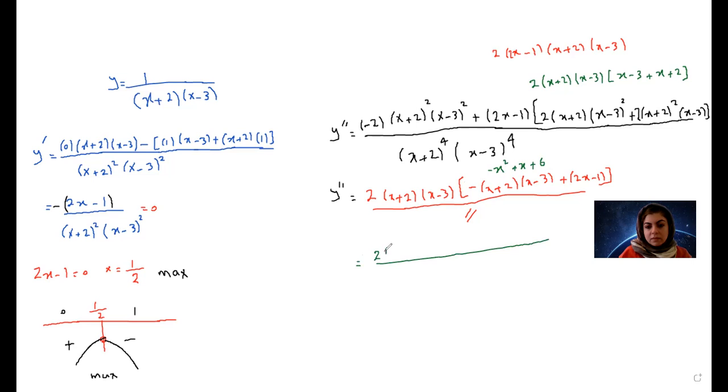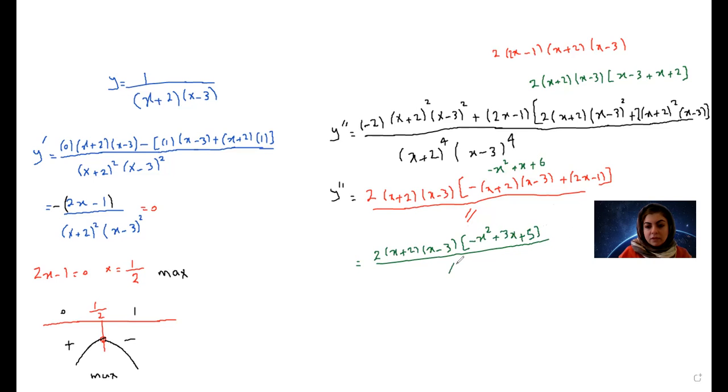It's 2 again, x plus 2, x minus 3. There you go. Negative x power 2, x plus 2x is 3x. 6 minus 1 is negative 5, right? Sorry, positive 5.